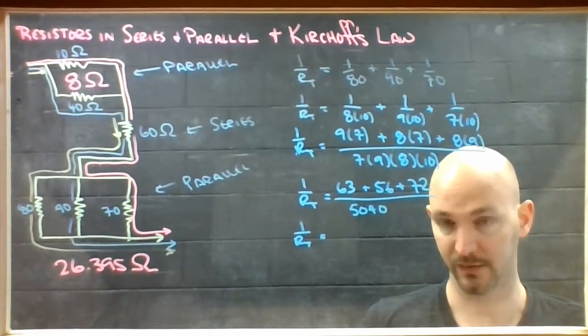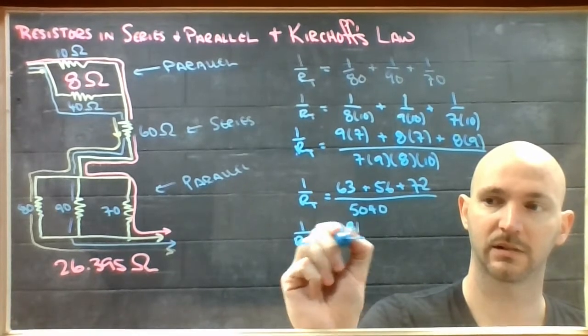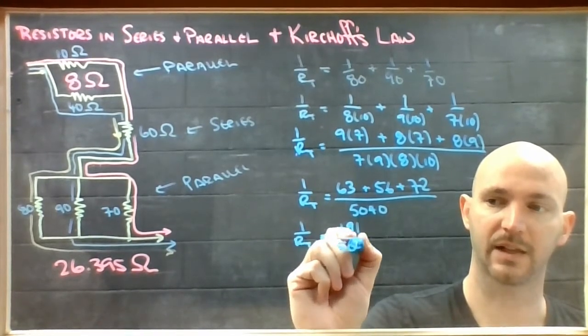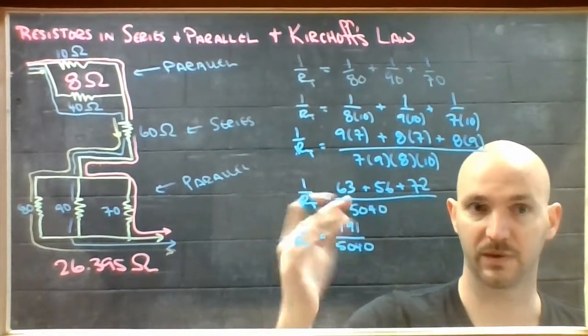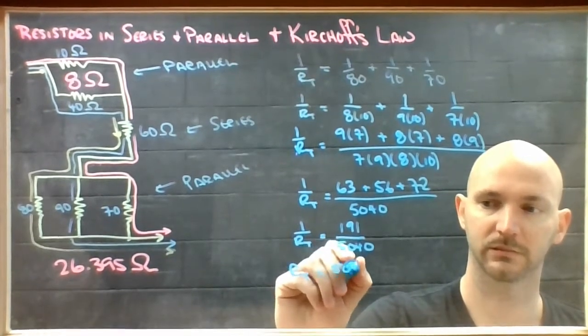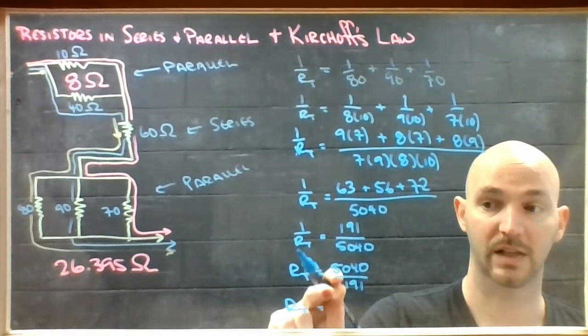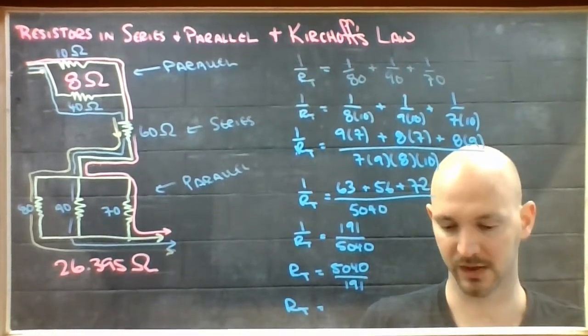63 plus 56 plus 72 gives me 191 over 5,040. Flip them. So that's my exact answer, if I'm interested in exact answers.